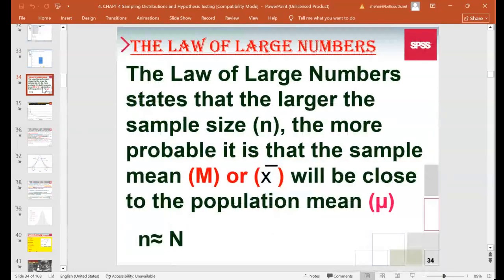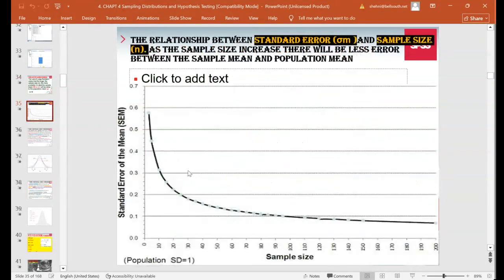The law of large numbers simply tells you that the larger the number, the better it is a representative of the population. We use either X bar or M to represent sample mean, depending on your textbook. I use M for sample mean. And here in this graph, you can see the relationship between sample size and standard error.